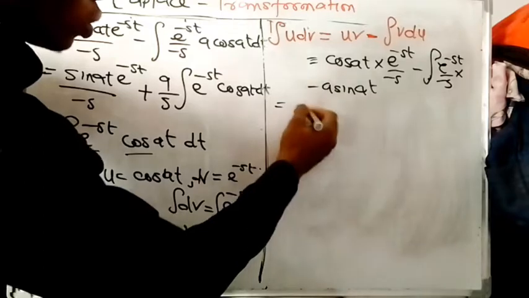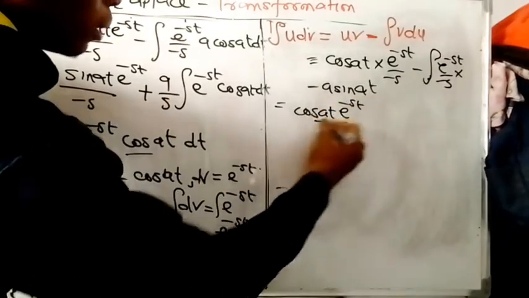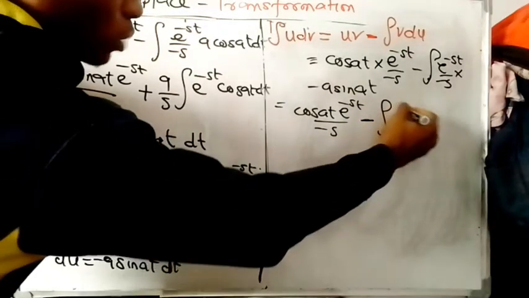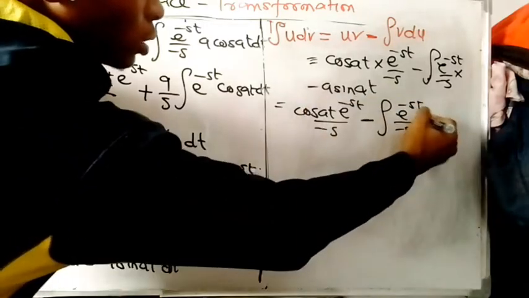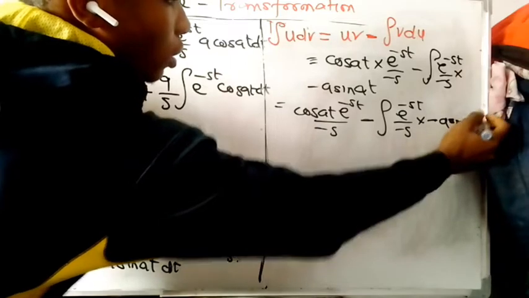This gives cos at exponential minus st divided by minus s minus the integral of the exponential of minus st divided by minus s times minus a sine at dt.